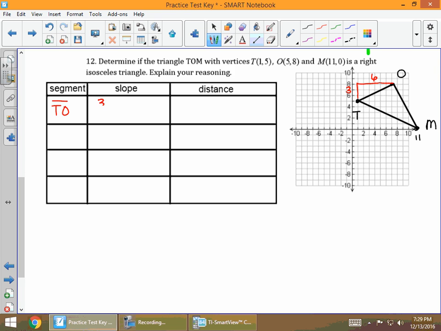So slope 3 over 6, which is 1/2. The distance is the square root of those 2 numbers over on the right. 3 squared is 9. 6 squared is 36. 36 plus 9 is 45. So that is the square root of 45.